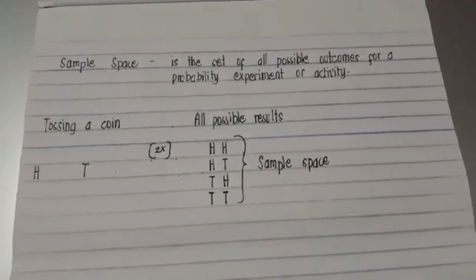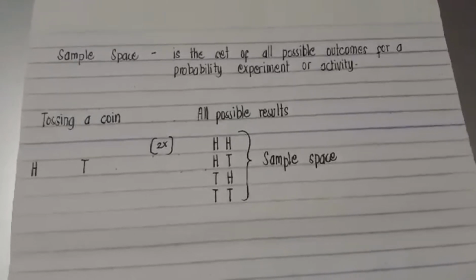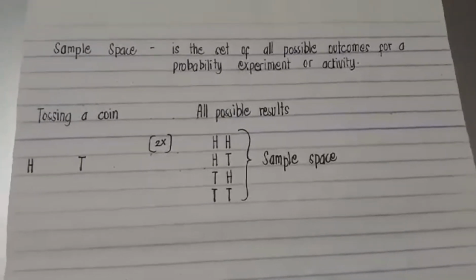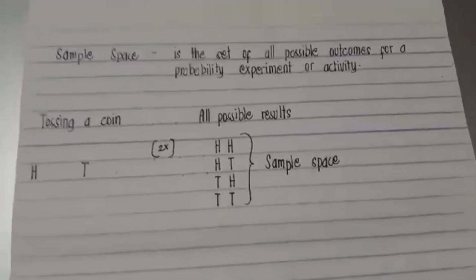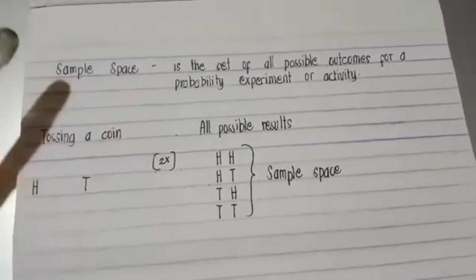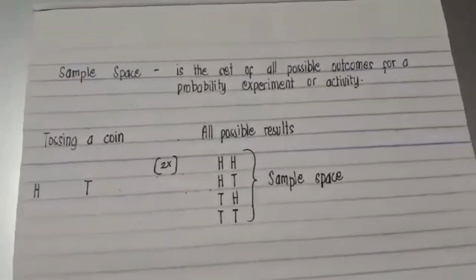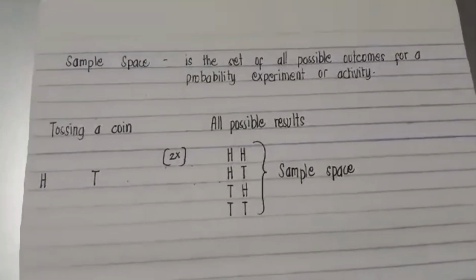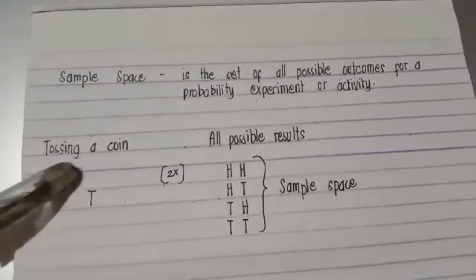Good day, everyone. Our topic for today is in Statistics and Probability, fourth grading, for grade 8 students. Our topic is all about sample space. Sample space is the set of all possible outcomes for a probability experiment or activity. For example, we will be tossing a coin.